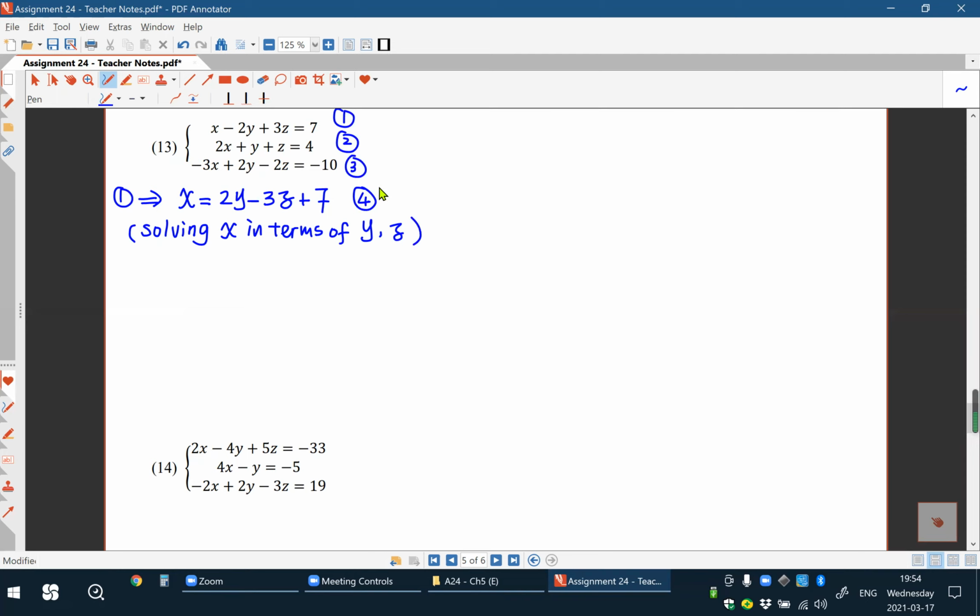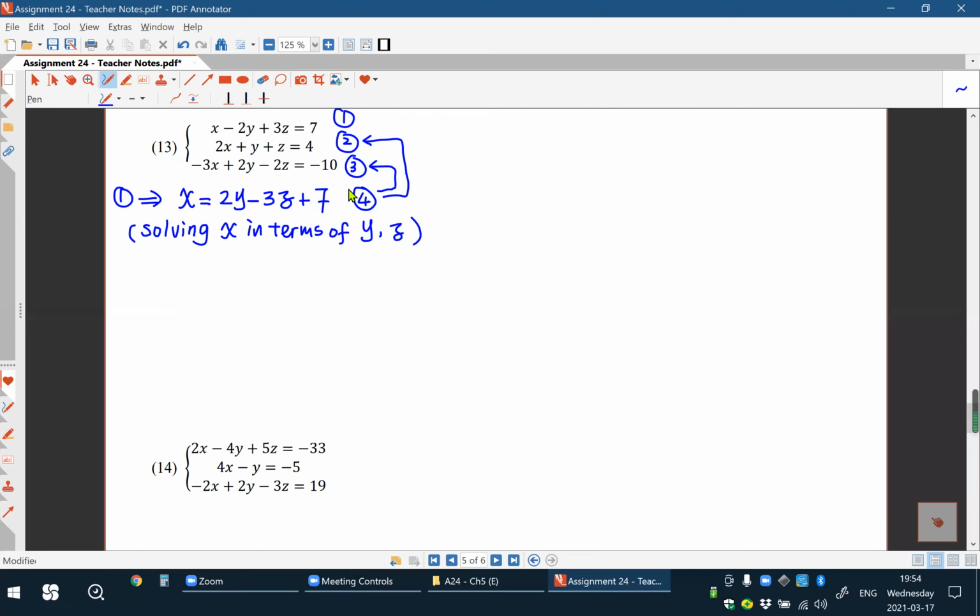Then you can put number 4 into the other 2 equations, right? So if you put number 4 into 2 and 3, what will happen there? You will eliminate x there, right? Because here x can be described by y and z.